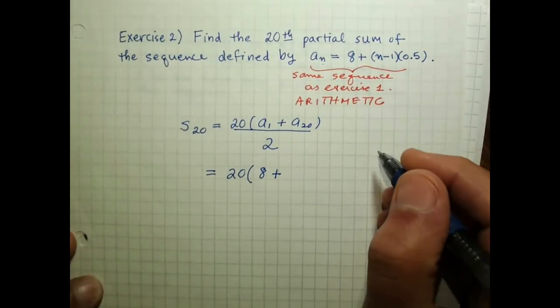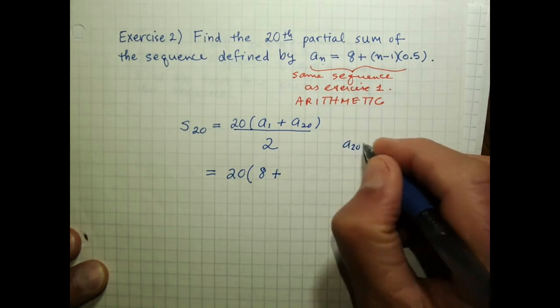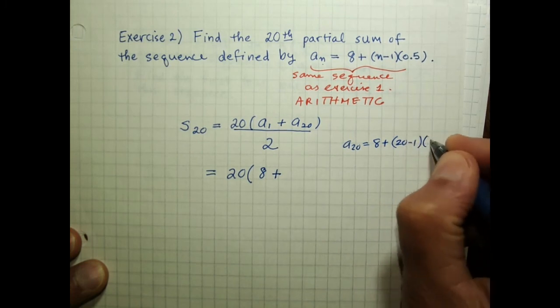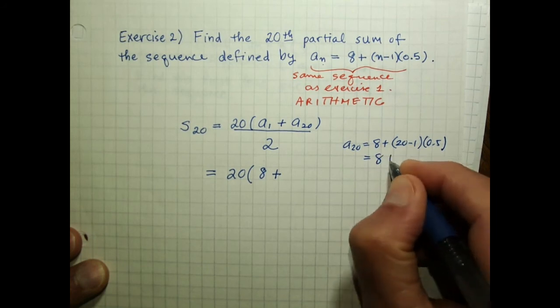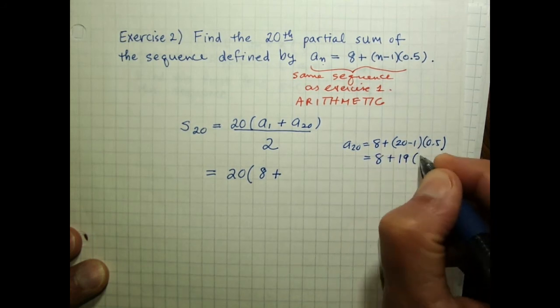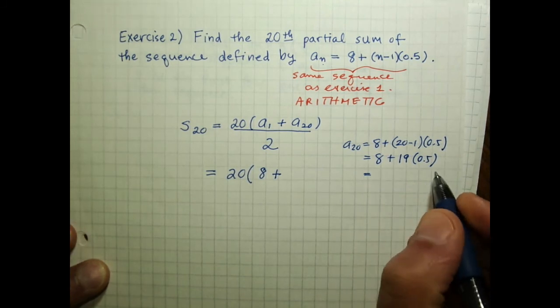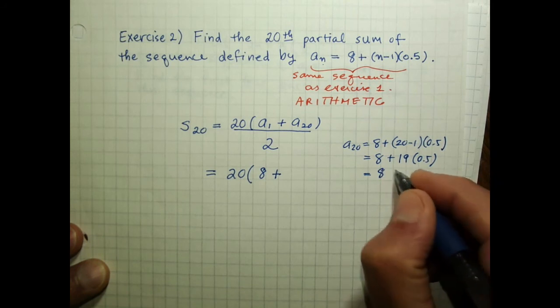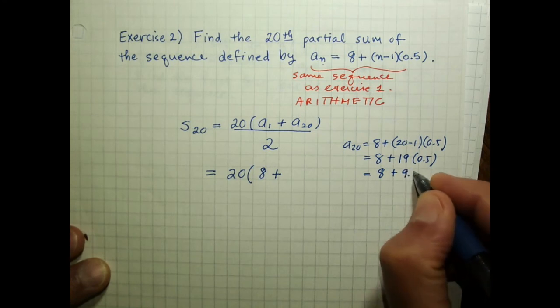And so let's see here. Can I just do that on the side? A20 is going to be 8 plus (20 minus 1) times 0.5, or 8 plus 19 times 0.5, and I think that's going to be 9.5.